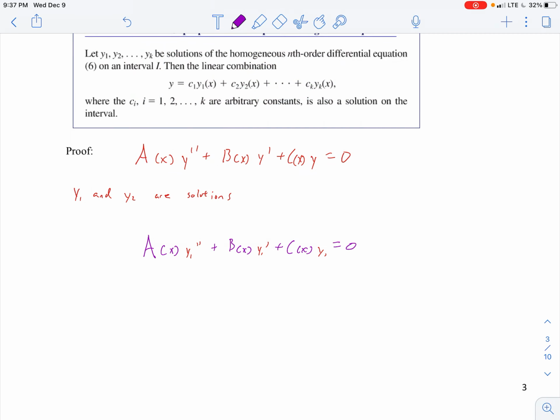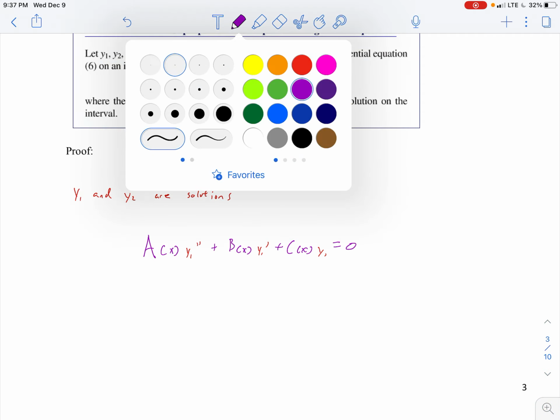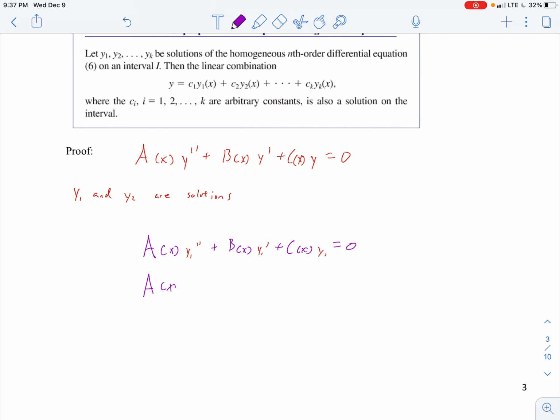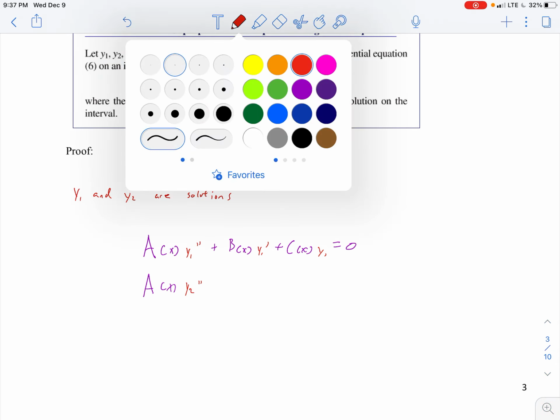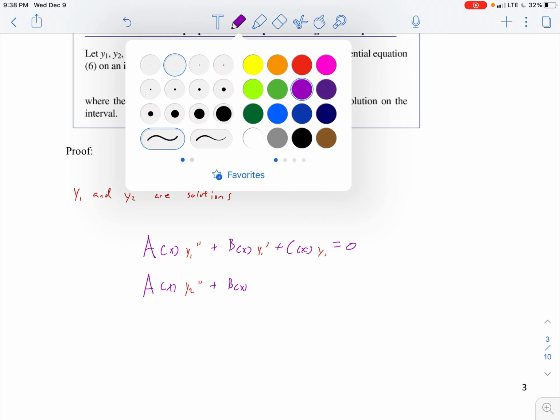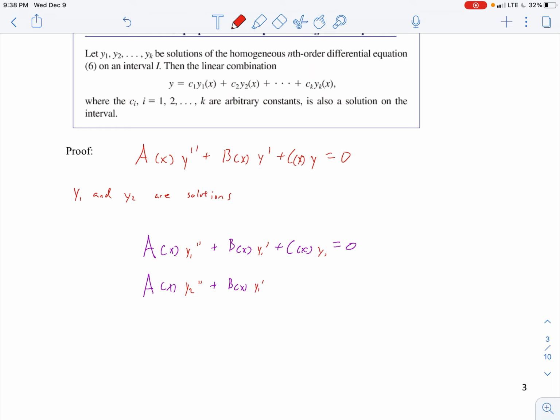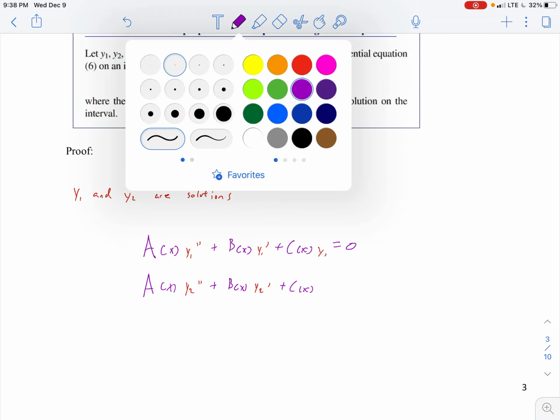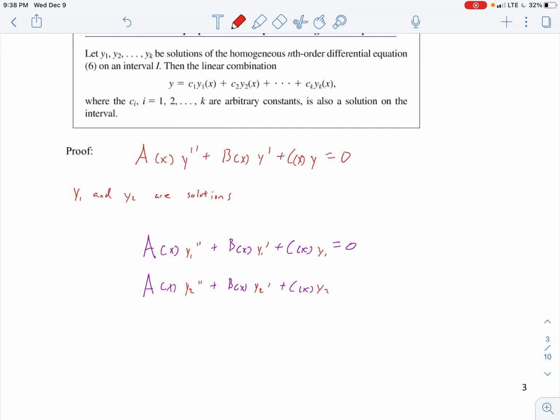And so when we plug y sub 1 in, we're going to get 0. Now say we do the same thing with y sub 2. Set that equal to 0.